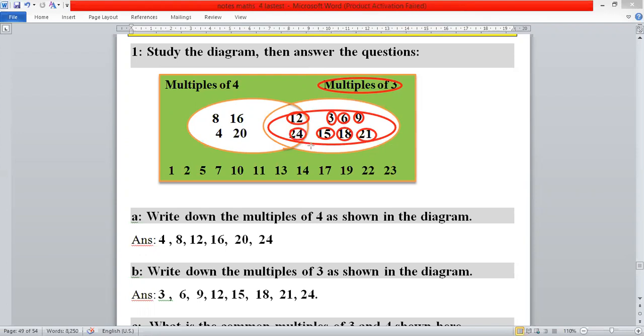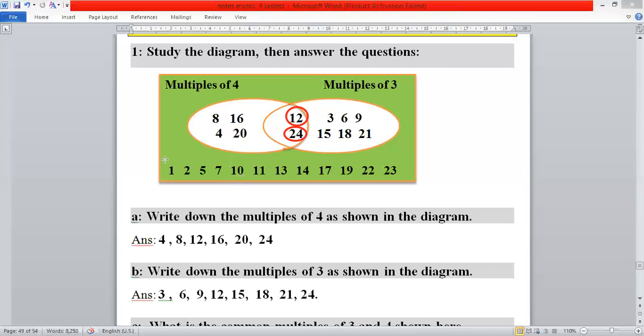Dear students, focus on these multiples. Here we have two common multiples of 3 and 4, that are 12 and 24. You can see in this diagram, 12 and 24 are the common multiples of 3 and 4.